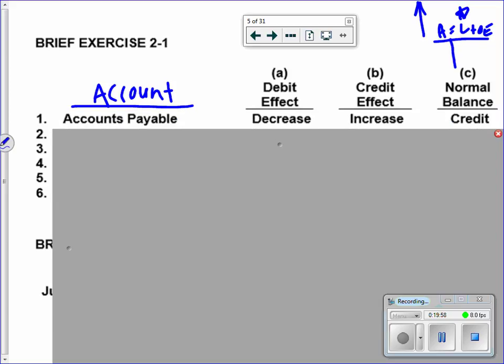Accounts payable, put that one in first. Accounts payable is a liability. The liabilities are on the right side of the arrow. Right in terms of accounting means credit. So maybe put credit over here.